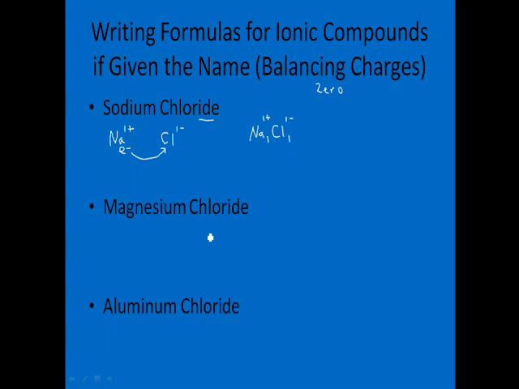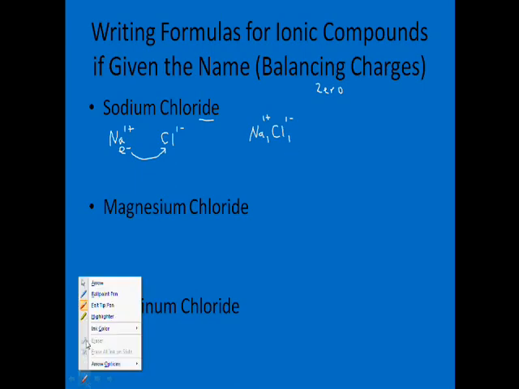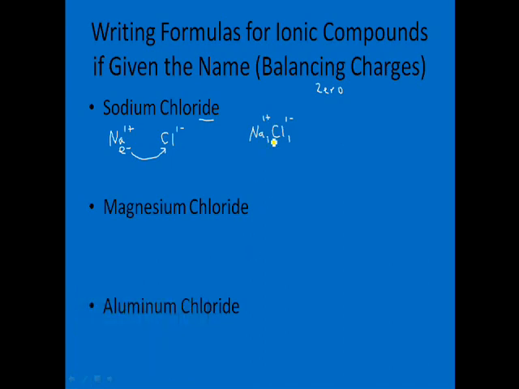The mathematics on this is as follows. If I have one sodium ion that's a 1 plus charge, 1 times 1 is positive 1. Looking at the negative side of this, the anion side, I have one thing that's negative 1 charge. So that gives me negative 1.